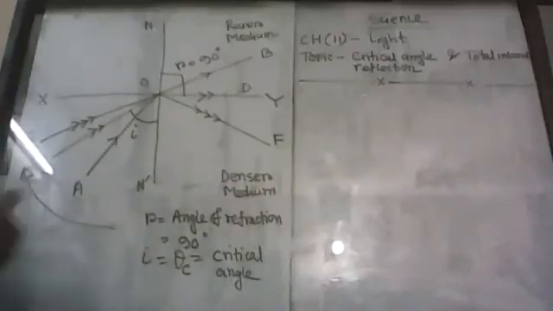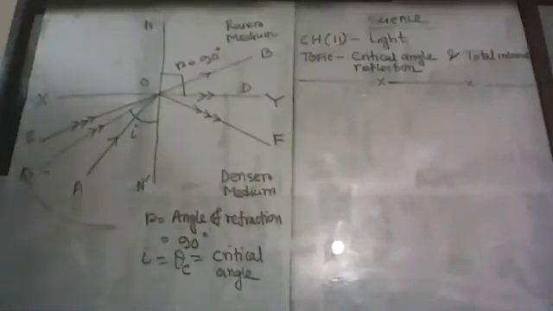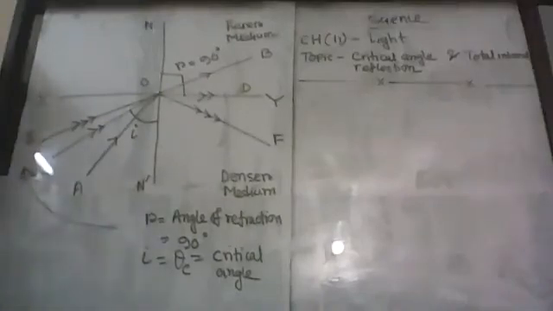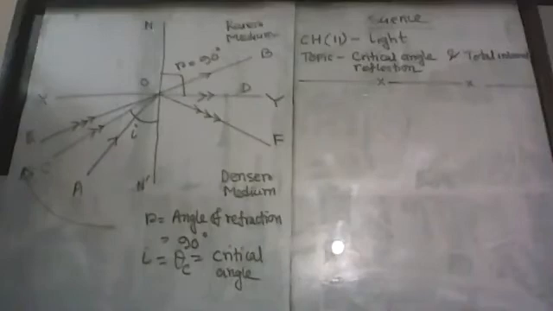But beyond this level, the ray of light cannot show refraction of light. So it just gives you an idea in which region, in which area of angle, the ray of light bends, that is, shows refraction.